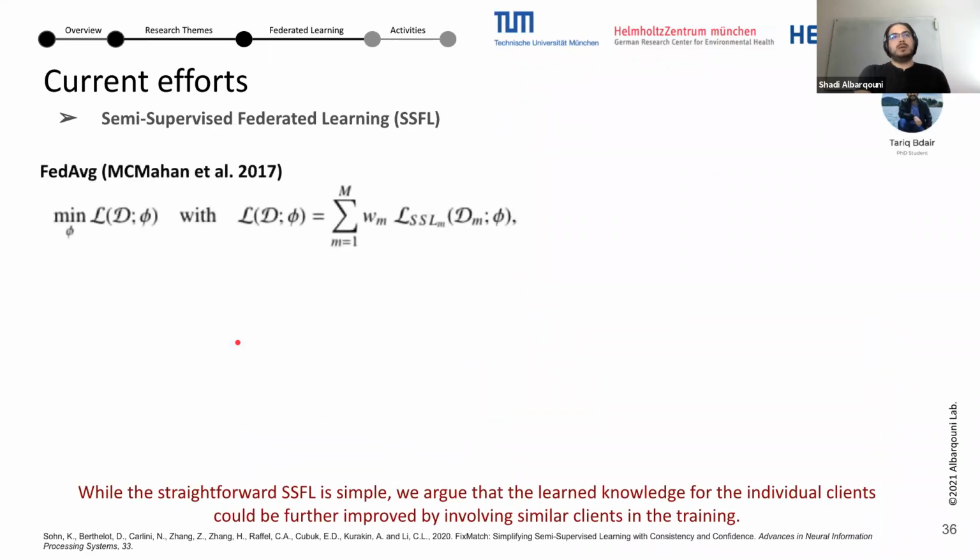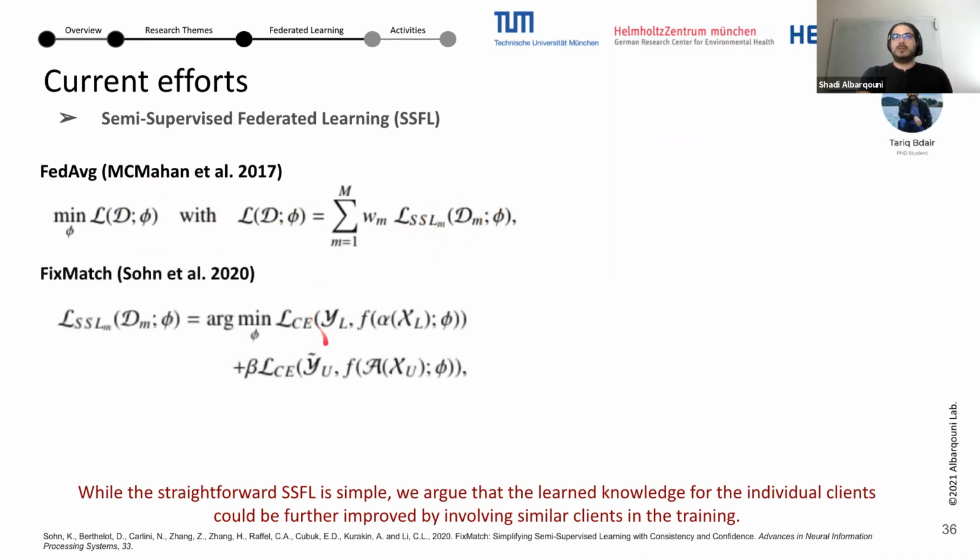The way this could happen is that you do, again, the FedAvg algorithm. However, now your objective function is not only supervised; it has two parts. First, you want to minimize the cross entropy between the label and the prediction of a weakly augmented version of your input data.